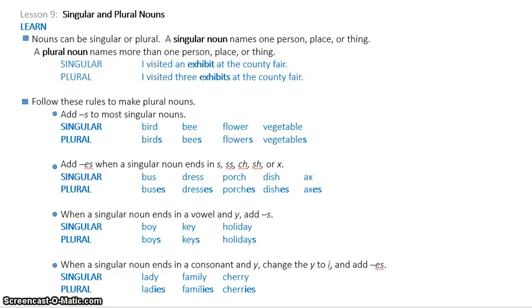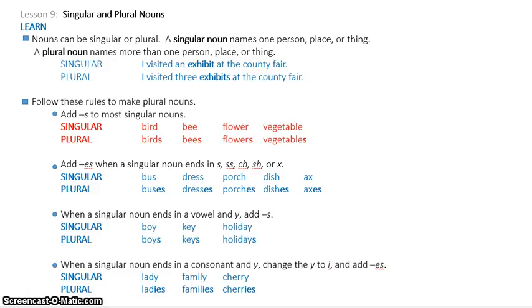That's the difference between singular and plural. In that case, they're only adding an S. Now we're going to see the different rules you have to follow when making something into a plural noun. If you remember the rules, you're not going to have a bit of trouble on this quiz. Let's take a look at the rules.